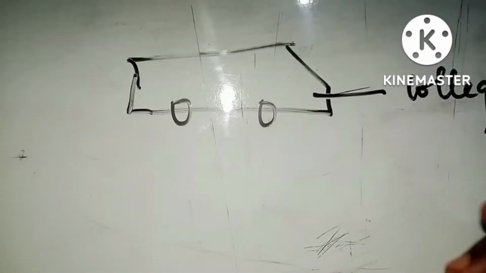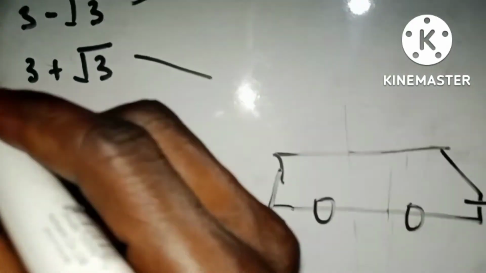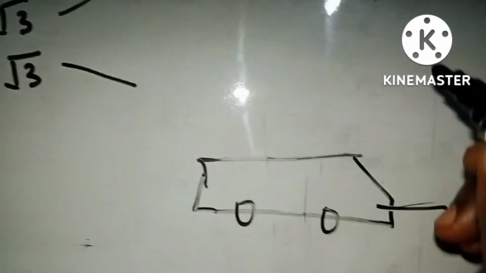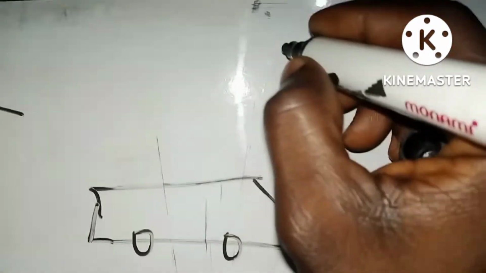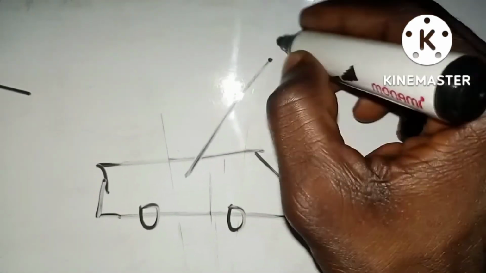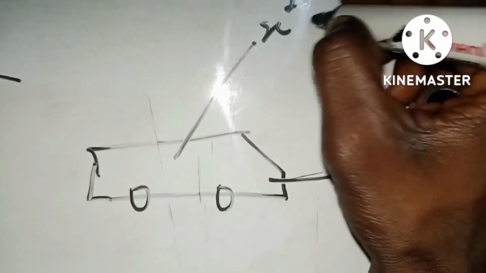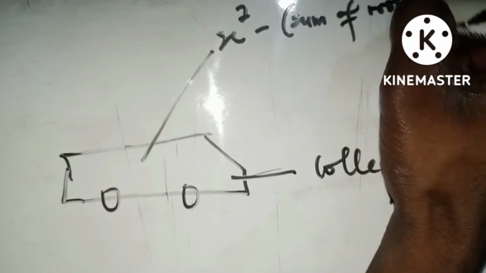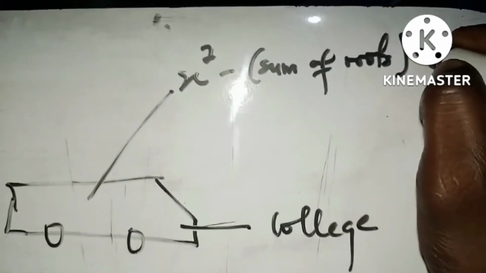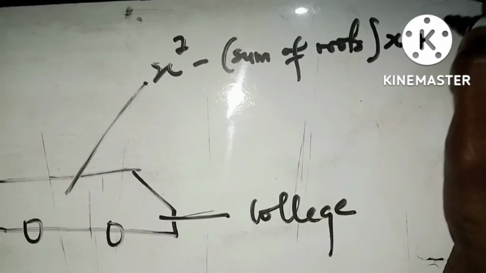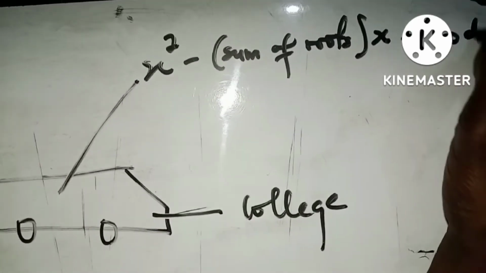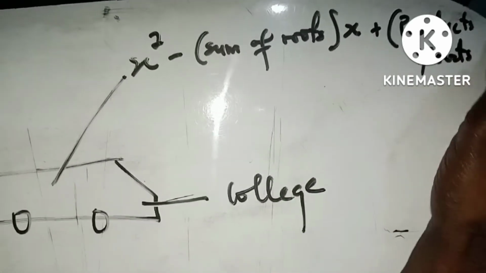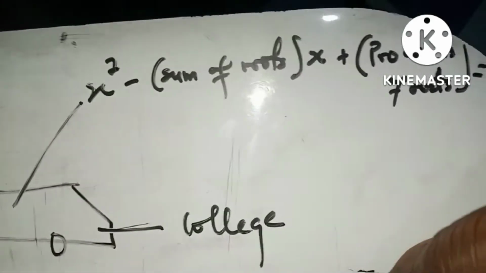Now what are you going to use to determine the quadratic equation if you have the roots of those quadratic equations? This is what you have to use: x squared minus the sum of the roots, multiplied by x, plus the product of the roots, and then everything equals 0.